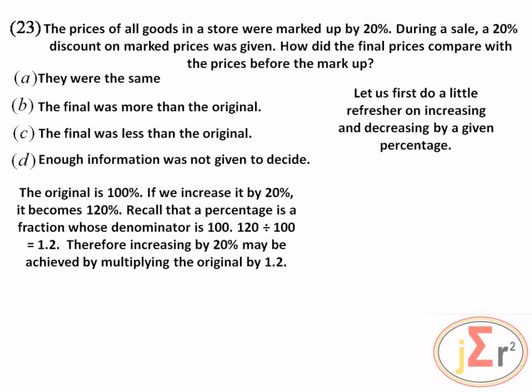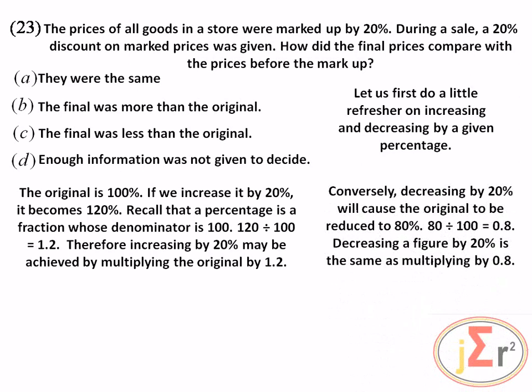Recall that a percentage is a fraction whose denominator is 100. 120% is actually 120 divided by 100, and that gives 1.2. Therefore, increasing by 20% may be achieved by multiplying the original by 1.2.